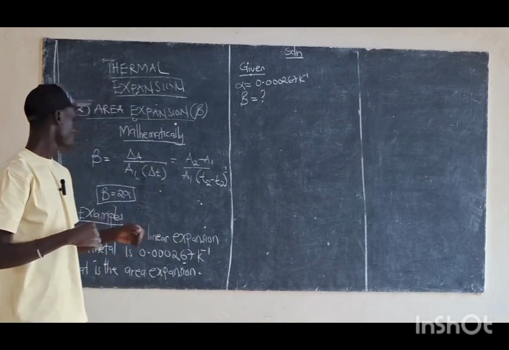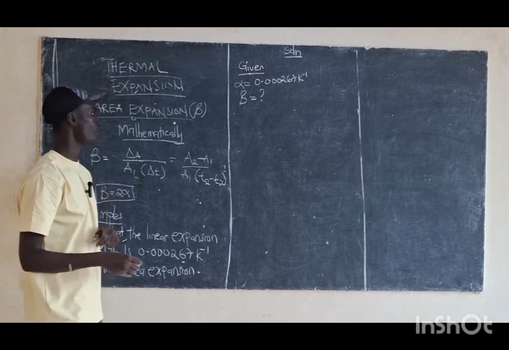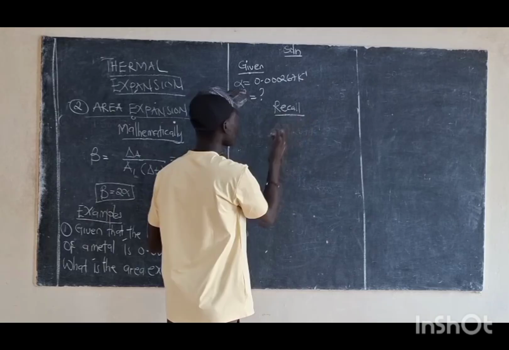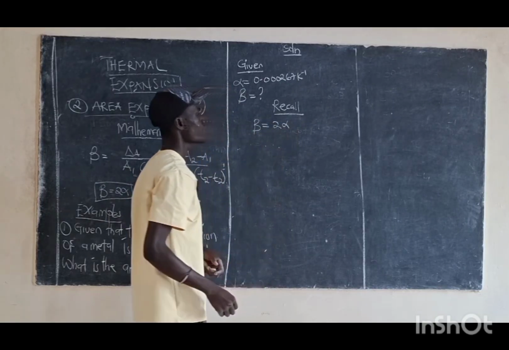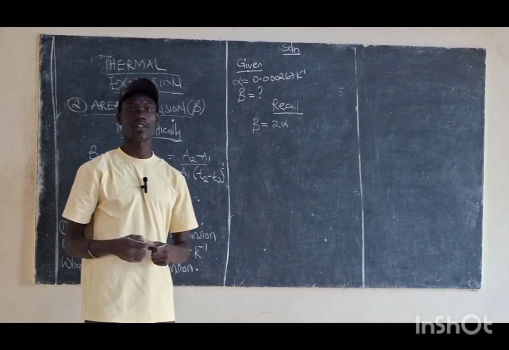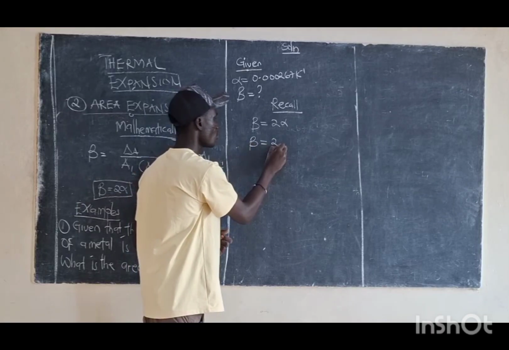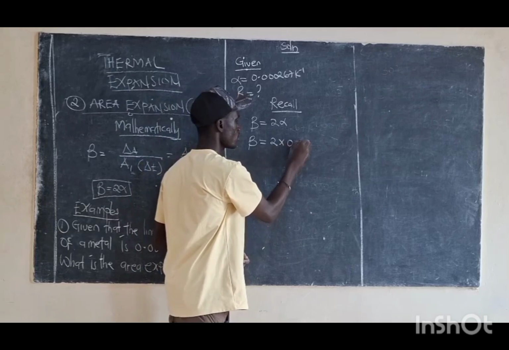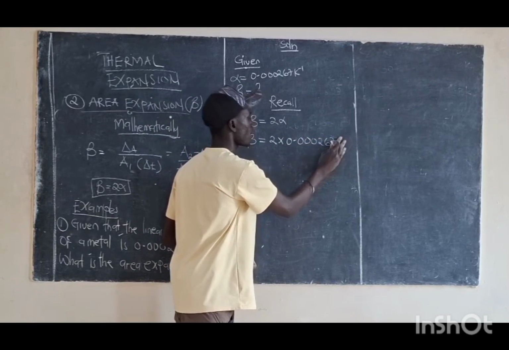If we go back, we say that beta is related to alpha. We are going to recall this formula: beta equals 2 alpha. Therefore, now we are good to solve the problem. Beta equals 2 multiplied by alpha. Our alpha is given as 0.00267 per Kelvin.